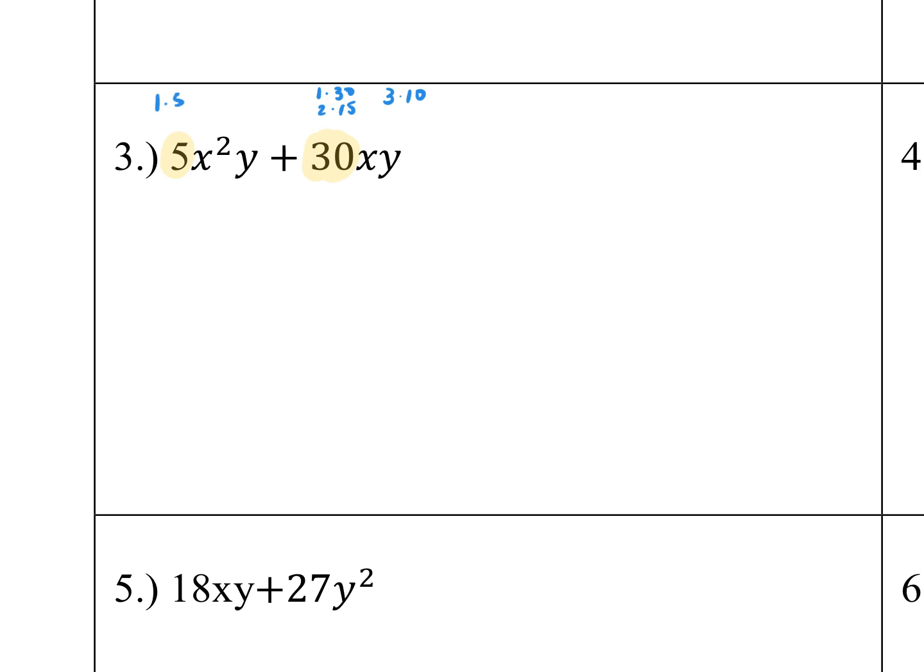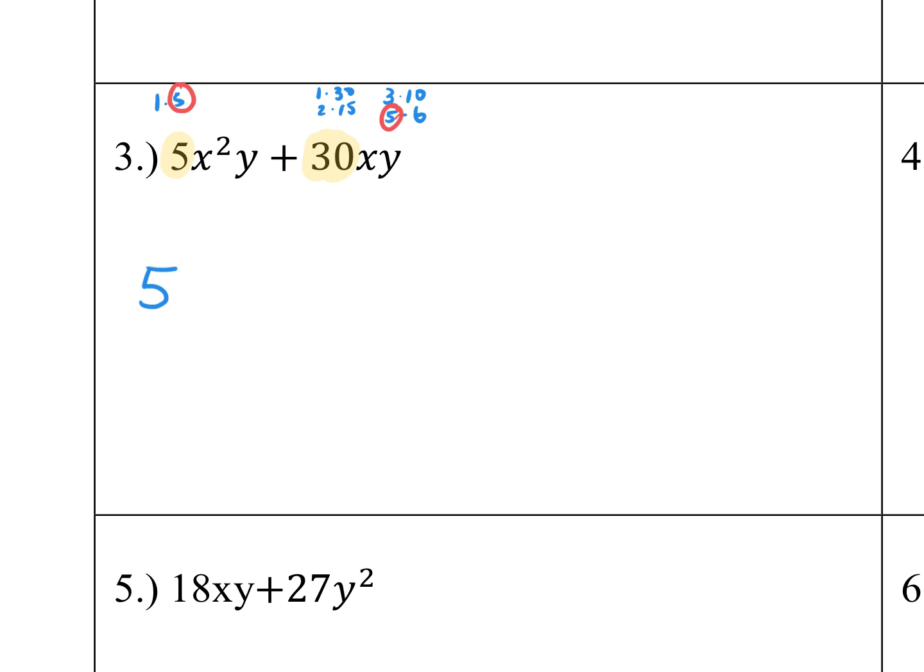Oh, and 5 and 6, right? When I'm comparing these, 5 and 5 are going to be your largest common factor. Okay, so 5 comes on the outside.